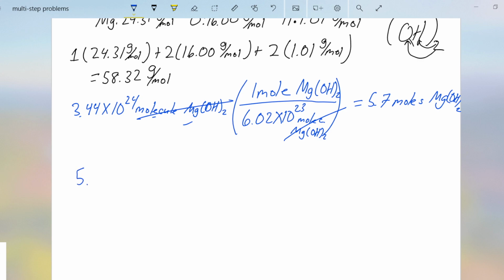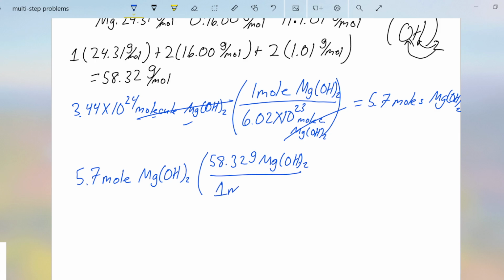I can convert my 5.7 moles of MgOH2 into the number of grams. So we want to go to mass island. That means our grams go on top. 58.32 grams of MgOH2 per 1 mole of MgOH2.